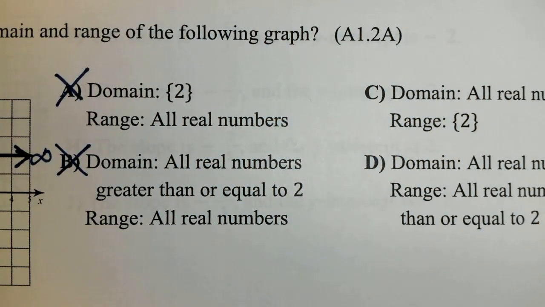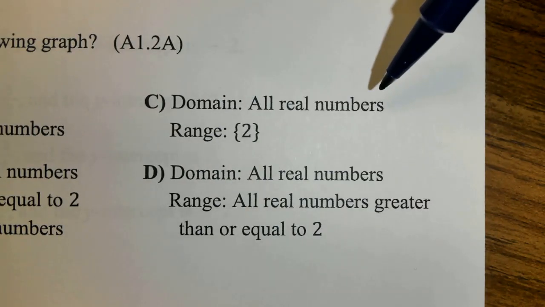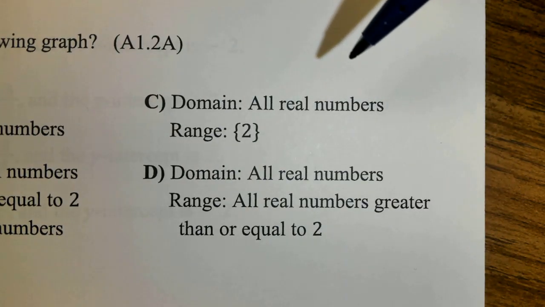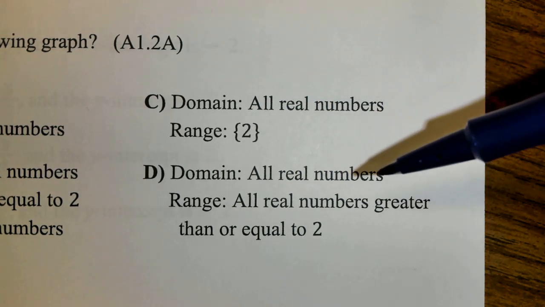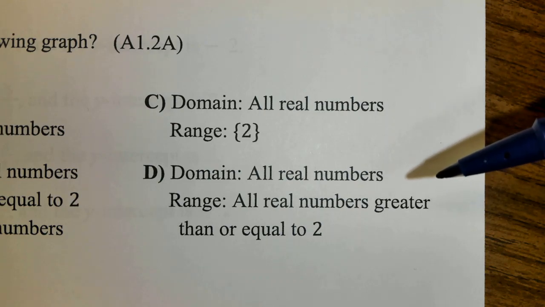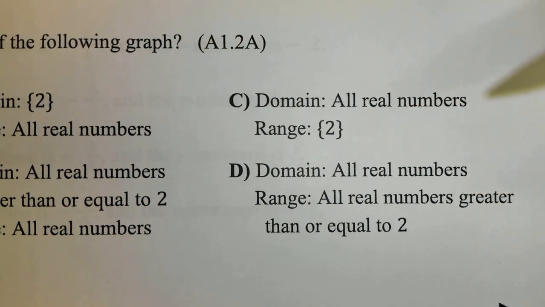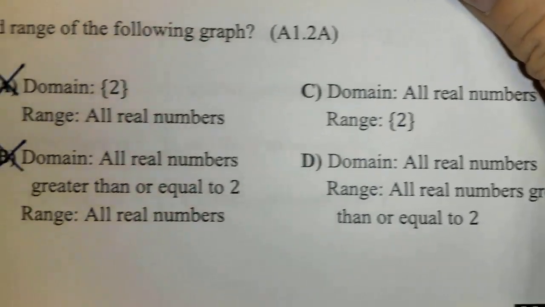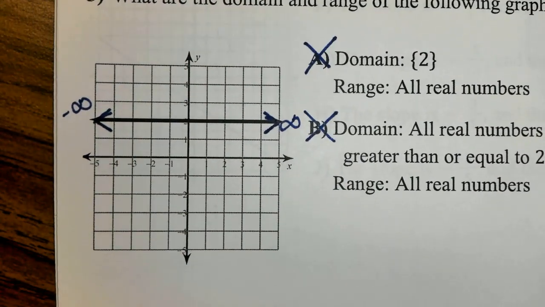B's wrong. C just says all real numbers. Okay, well, all real numbers is from negative infinity to positive infinity. That's every number. So that one's okay. And D also says all real numbers. So C and D are good. So see, on this one, I have to look at the range also. Sometimes that happens, but at least I have half of my answers gone.